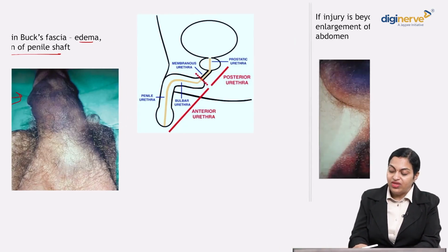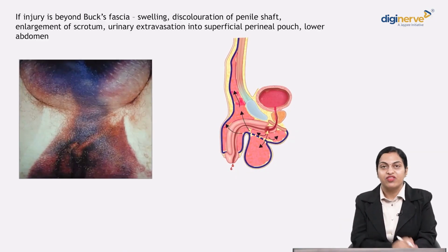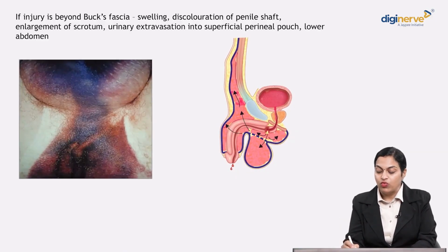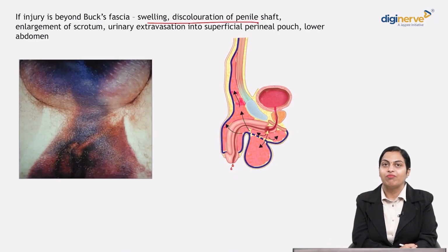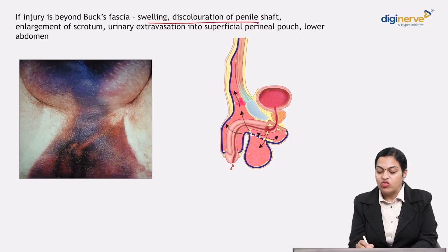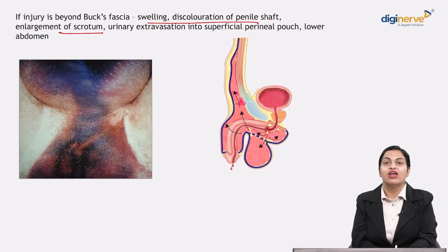But if the injury goes beyond Buck's fascia, then there can be swelling and discoloration not only of the penile shaft but also enlargement of the scrotum. The extravasated urine can reach even the lower part of the anterior abdominal wall and the superficial perineal pouch.